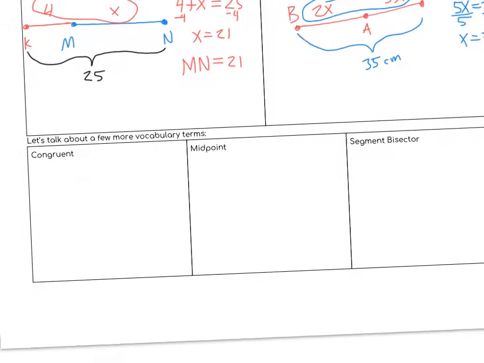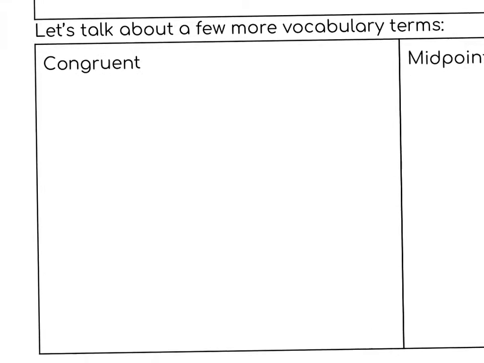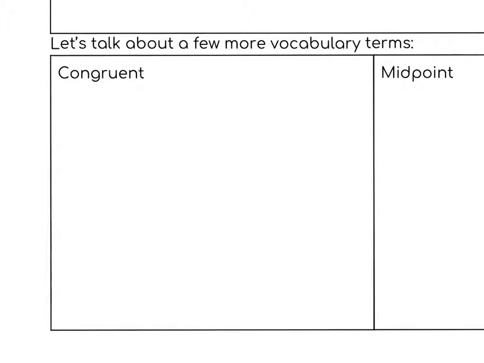All right, and that leads us to some things that we've already mentioned a little bit, but I want to be a little bit clearer as far as some definitions. The first is probably the most common word that we're going to use this year as far as relationships between things, and that's the word congruent. We use the symbol of an equals with a squiggle over it, I think it's called a tilde, to show something is congruent.